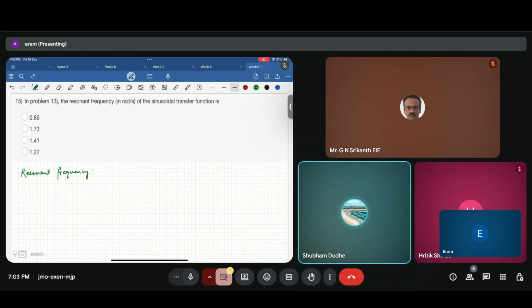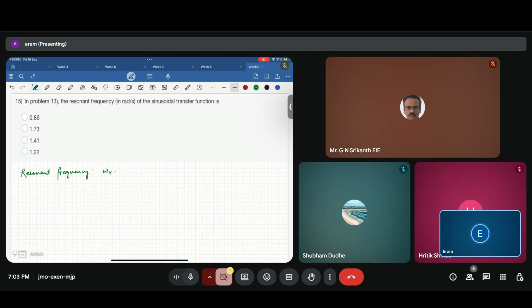Omega r is equal to omega n under root of 1 minus 2 zeta square. So it is the frequency at which we have the maximum amplitude, or the maximum magnitude, of the transfer function.